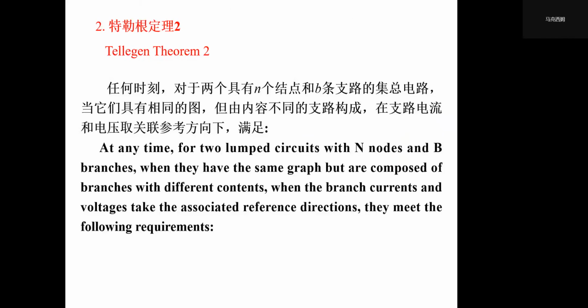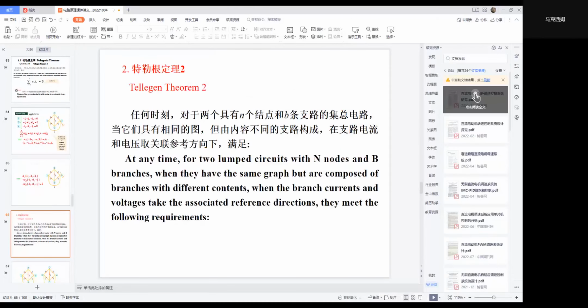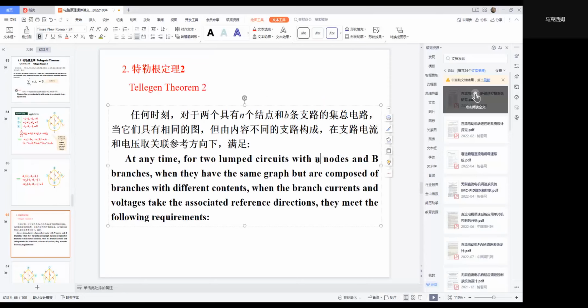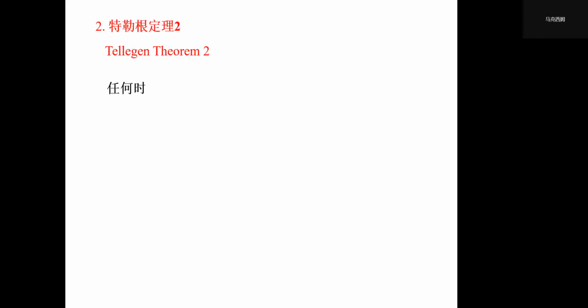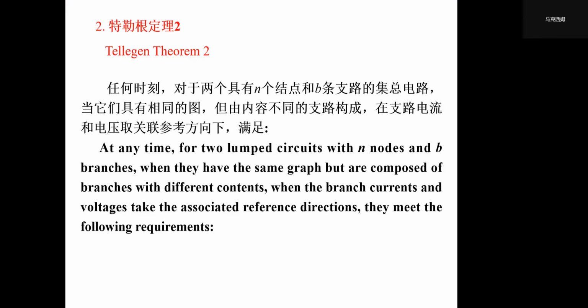So let's see the second expression of the Tellegen theorem. For any moment, for two lumped circuits.